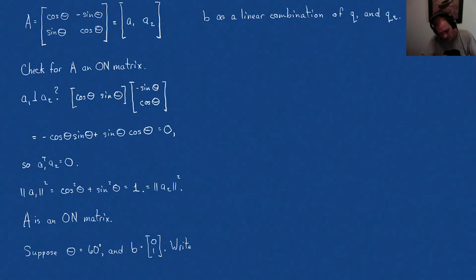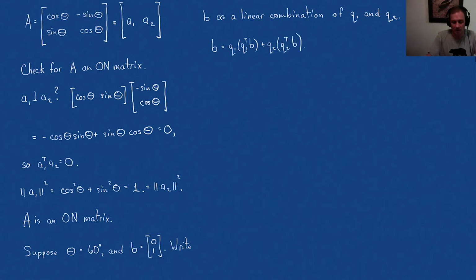Now you may say, well, wait a minute, where in the world did Q1 and Q2 come from? Well, really, Q1 and Q2 are A1 and A2 in this case. Those are the same things. So what we want to do is say, how do we write B as Q1 times Q1 transpose B plus Q2 times Q2 transposed B.